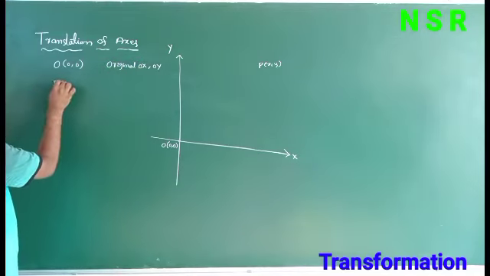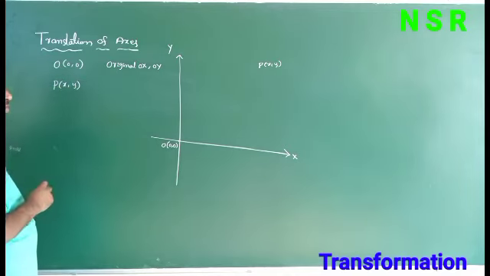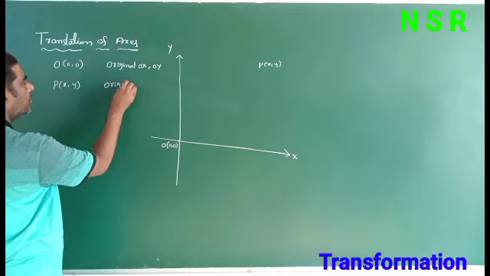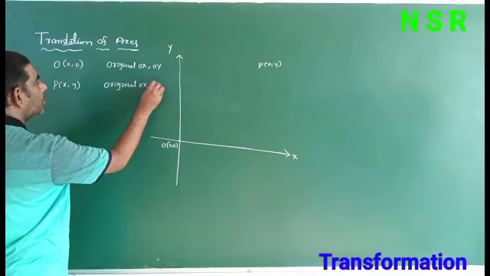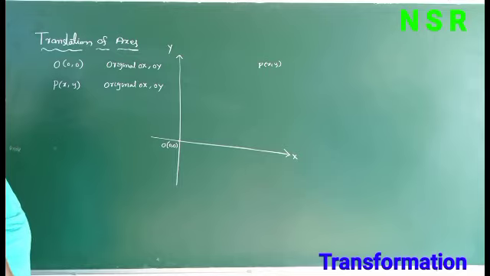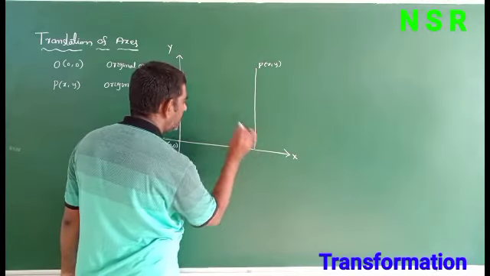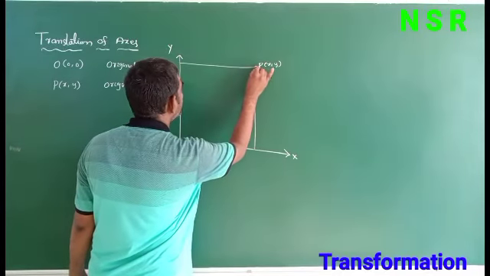Next, P is the position of a point with respect to the original axes OX, OY. So this is point P. Draw a line from here.